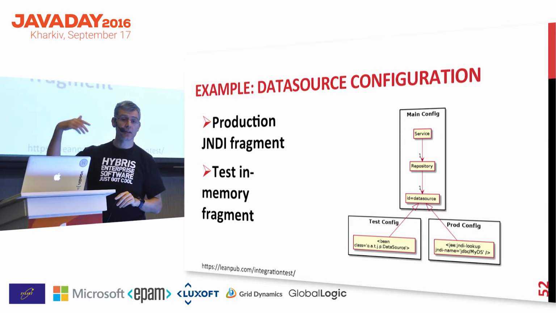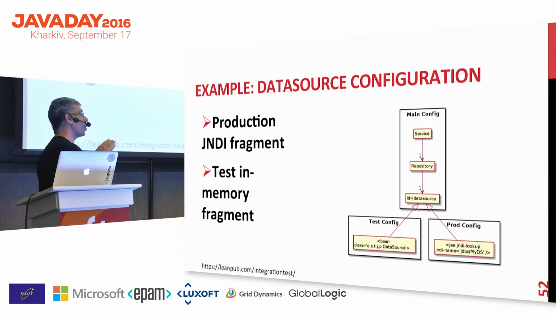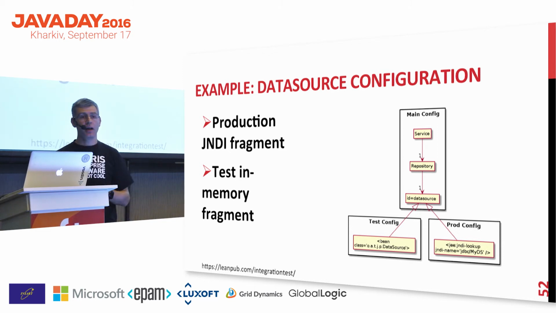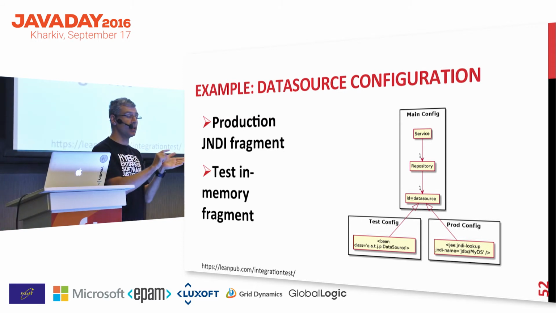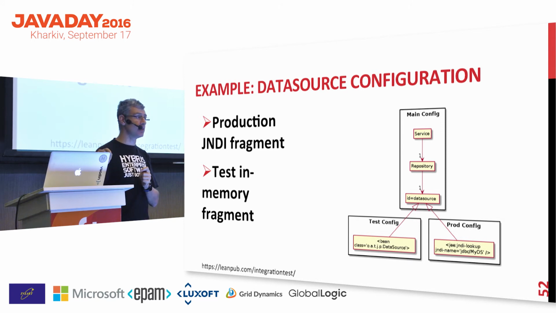You don't define the data source in this file. You define the data source in its own dedicated file, right? And now you can have a file that defines a data source that points to the real Oracle database, or that goes through JNDI, or you can define, for testing purposes, one that points to an H2 database instance.